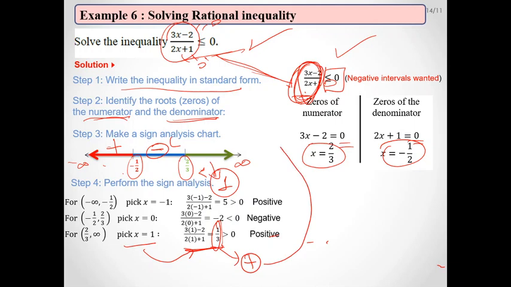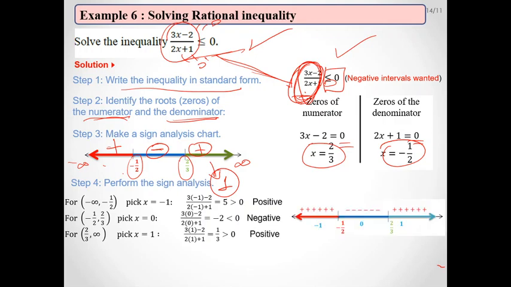So you put positive here. So these are the testing steps, picking some points from each interval. The only thing I'm doing is trying to visualize things, because reading this you might not understand, but from here you can understand.